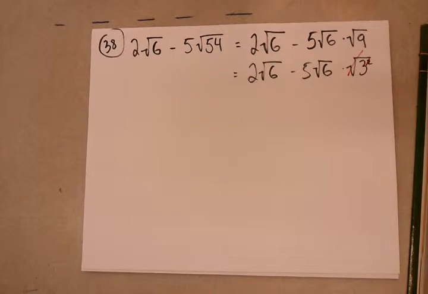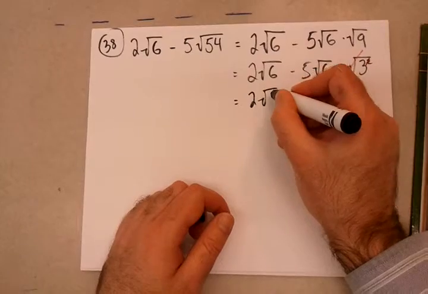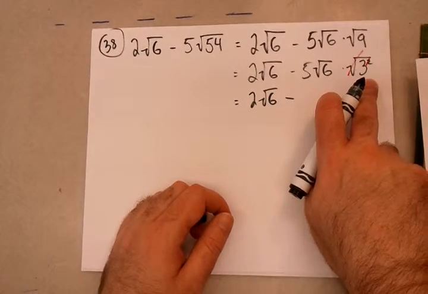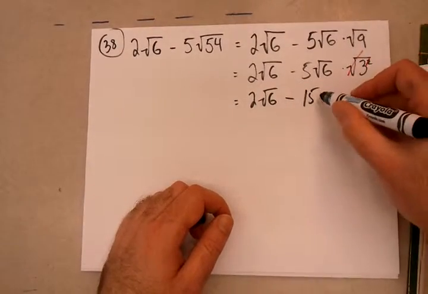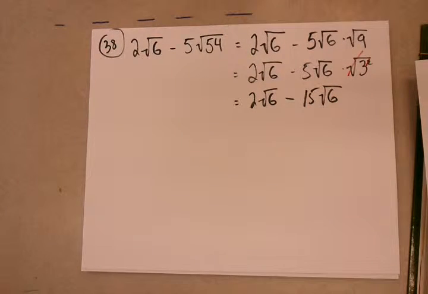And once I do this, I end up with 2 root 6 minus 5 times the now liberated 3, or just 15 because it's a minus, root 6. Now they have common terms, like terms, so to speak.